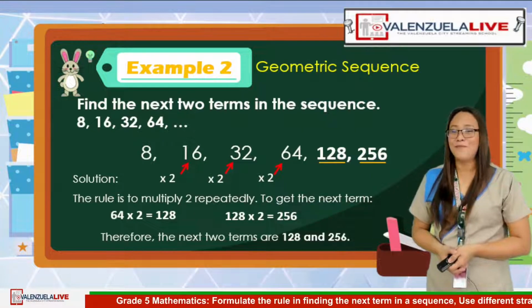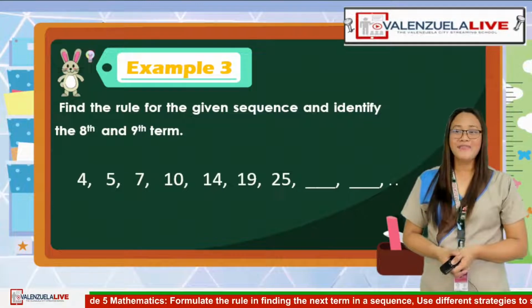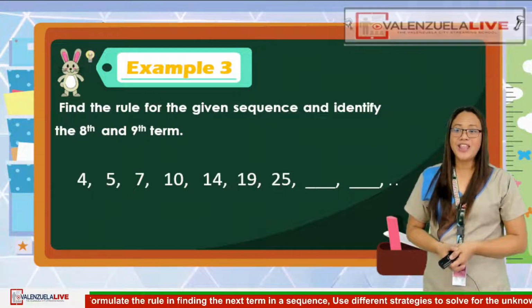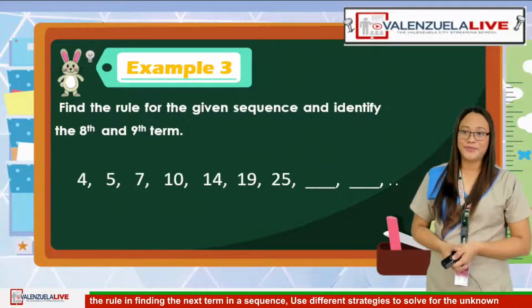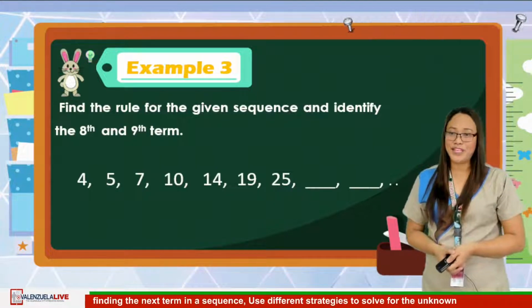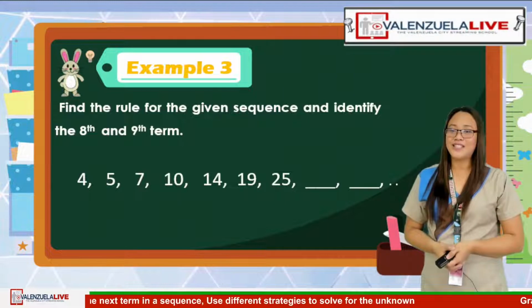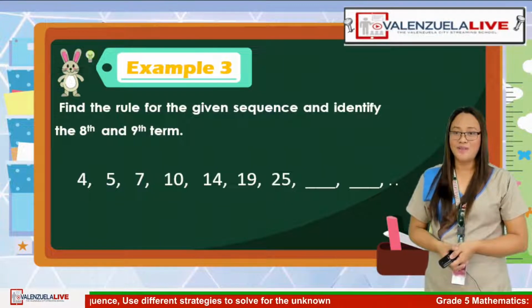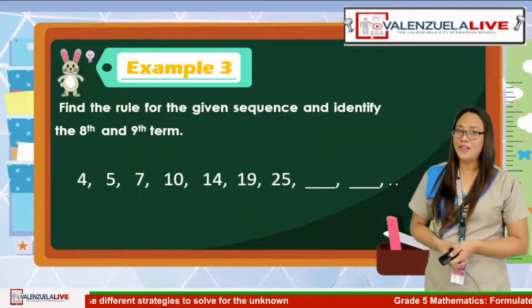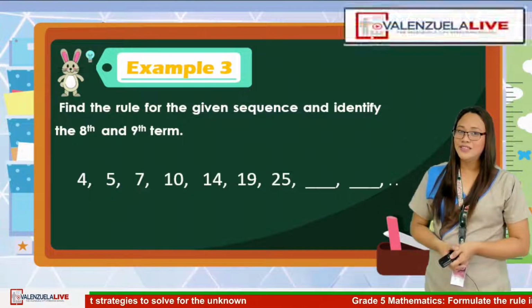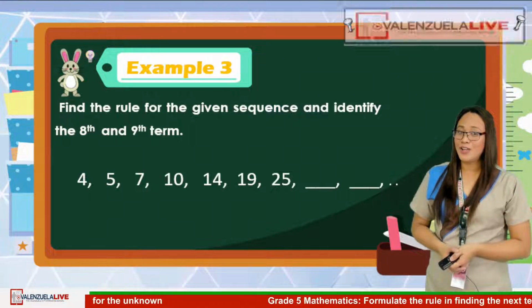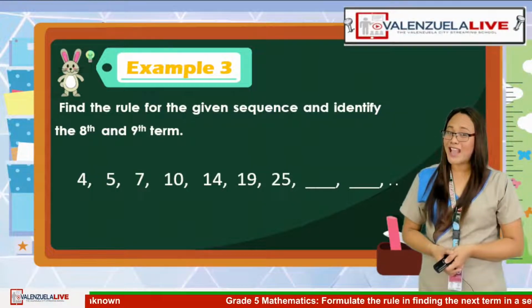For example number 3, find the rule for the given sequence and identify the 8th and 9th term. So here's our sequence: 4, 5, 7, 10, 14, 19, 25. So will you formulate the rule? All right. Did you have it? You can comment your answer in our comment section.